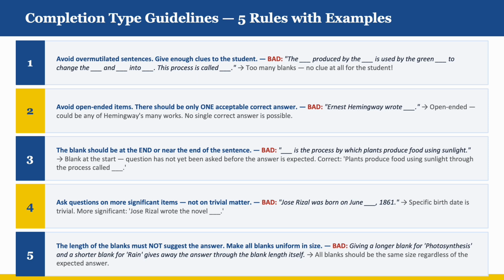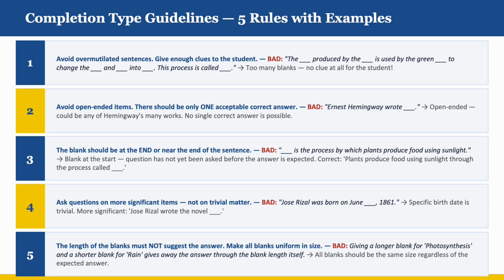Better: plants produce food using sunlight through the process called blank. Now the student reads the complete question before needing to provide the answer. Again, put the blank at the end of the sentence, not at the beginning.